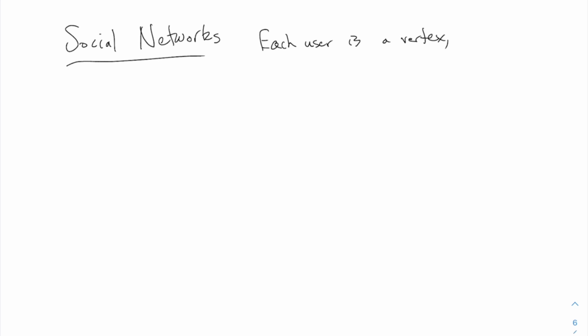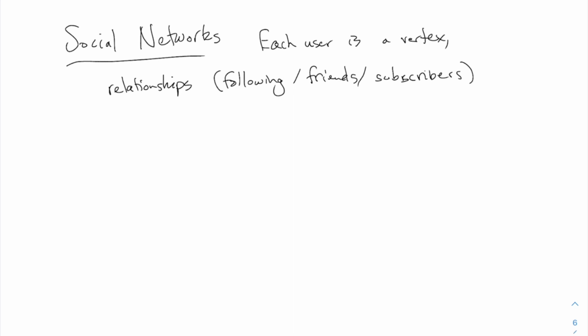So each user is a vertex, and then relationships, by which I mean following on Twitter, or Facebook friends, or YouTube subscribers, any of that stuff, are edges. I don't use a lot of social media myself.